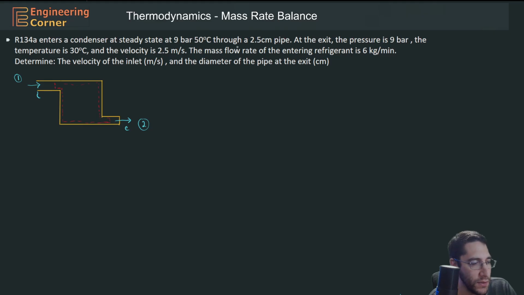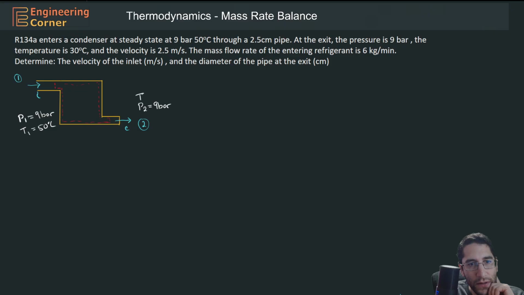Okay, now I also want to just sort of go through the problem and write down all my information. So P1 is going to be equal to 9 bar. Then T1 is equal to 50 degrees C. And at the exit, P2 is equal to 9 bar.